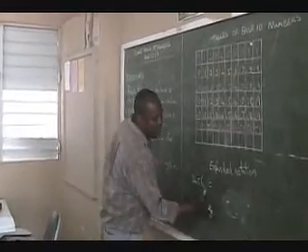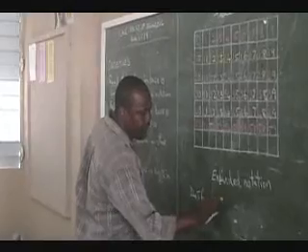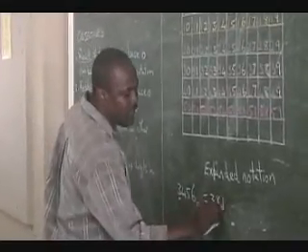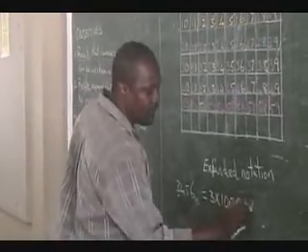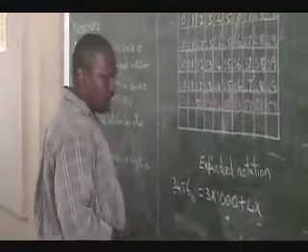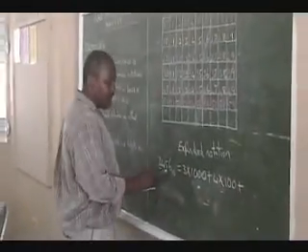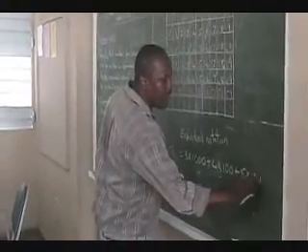This is equivalent to 3 times, what's the value of this 3 here? 3 times 1,000 plus 4 times 100 plus 5 times 10, good. Plus 6 times 1, not so?